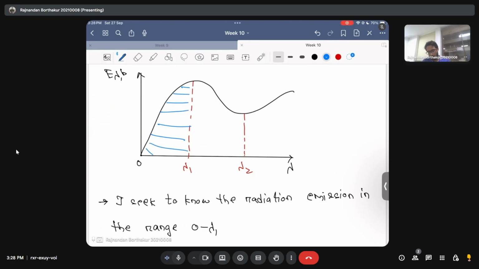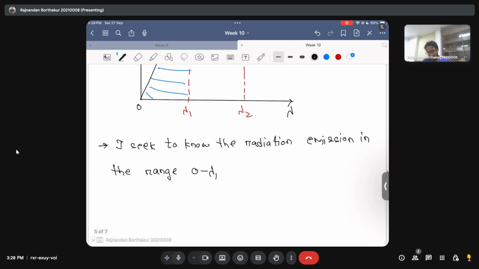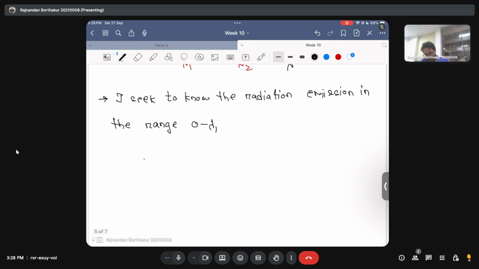From the knowledge of integration, if I integrate from 0 to lambda 1, E B lambda d lambda, this should give me in principle the emission between 0 to lambda 1.